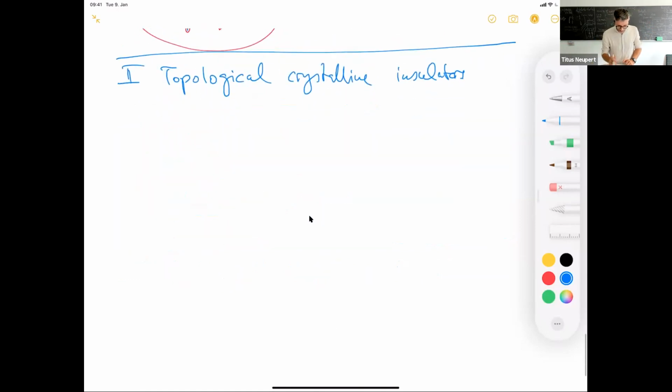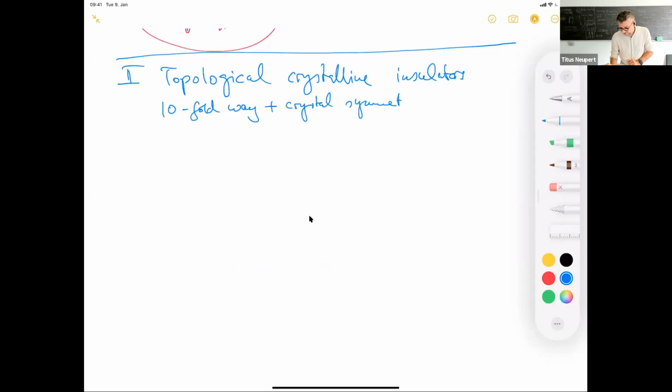Okay, good. So what we want to do is basically a tenfold way plus crystal symmetries. There was in Jen's talk the question about the chiral symmetry, and this is actually my first example of a topological crystalline insulator that would be in class A3 plus a mirror symmetry.